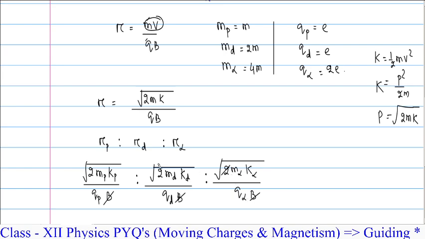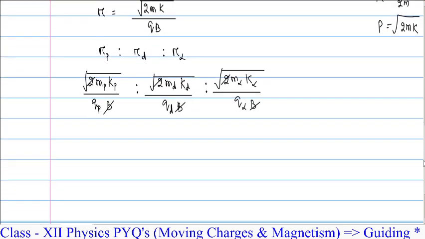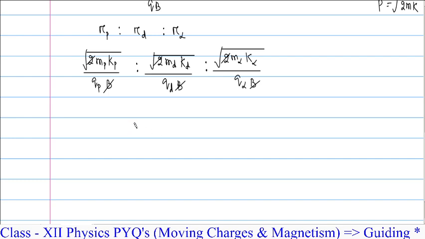The 2 and 2 will also get cancelled out. Okay, we will not take the root, we'll keep it as it is. Now we'll be putting in the values. The root 2 will get cancelled out.